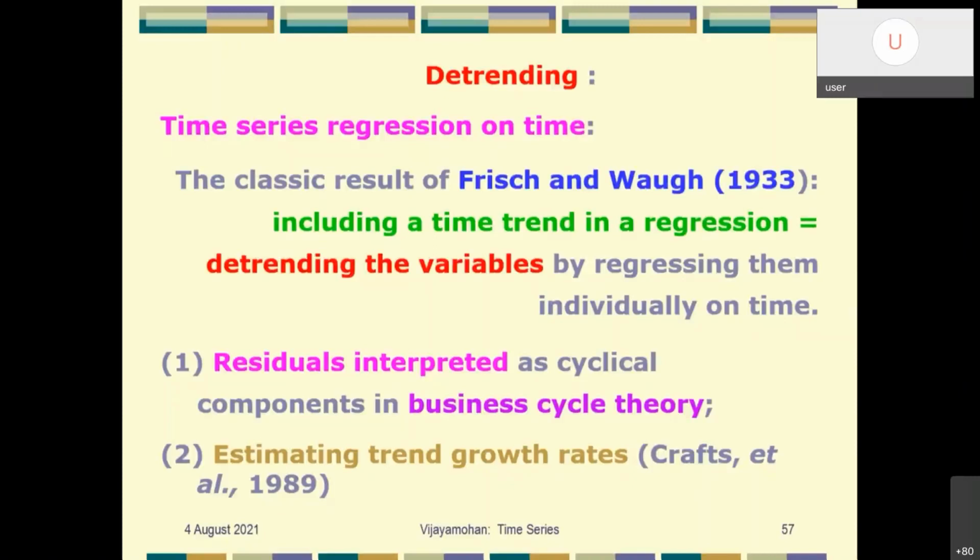We get the real values from the nominal values by deflating them. We remove the inflationary effects, so the nominal values become real values. With the real value variables only, we can do the regression. But according to the Frisch-Waugh theorem, we need not do the prior deflation. We add some variable in the multiple regression, and then everything will be taken care of.